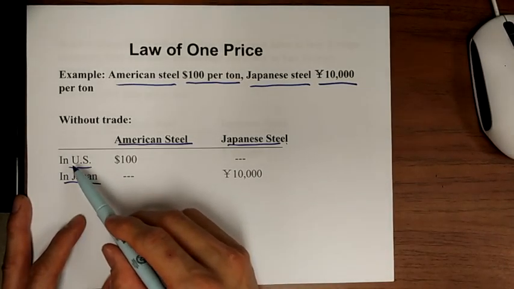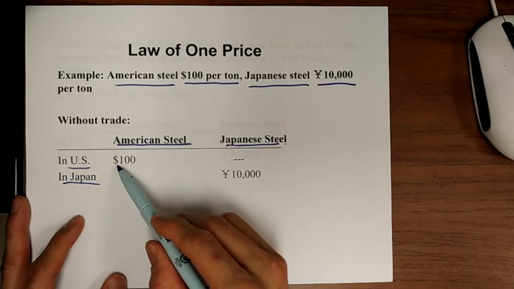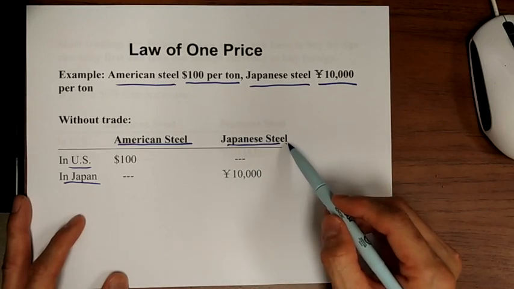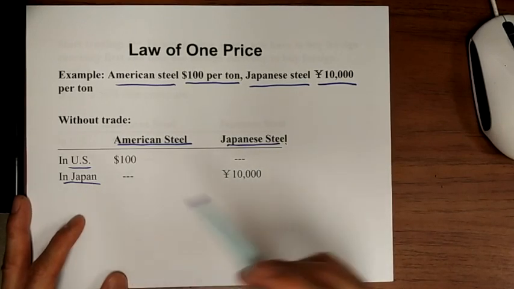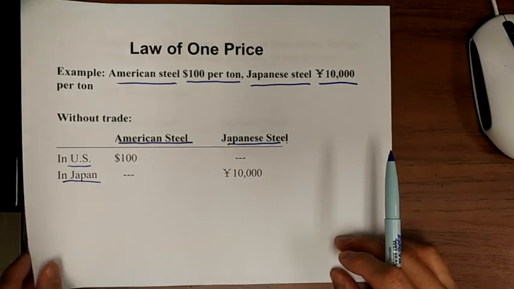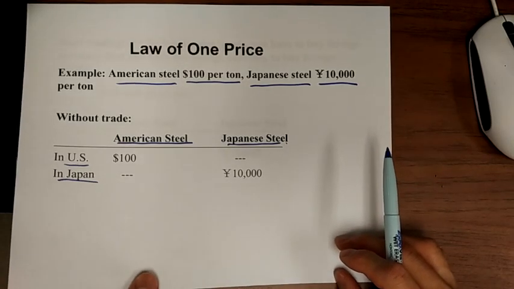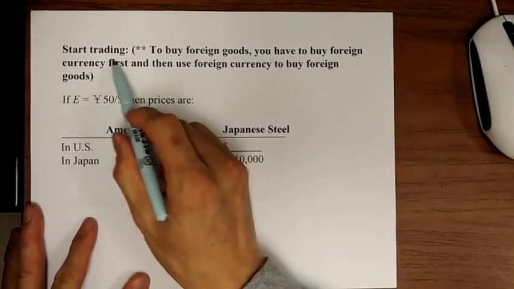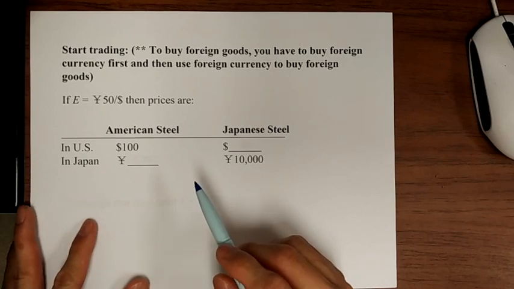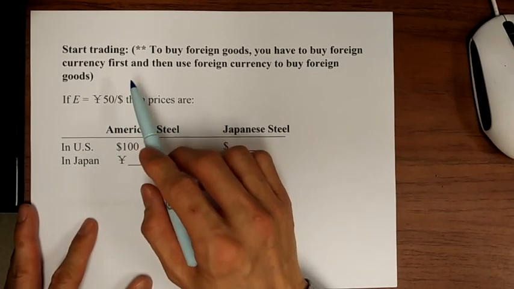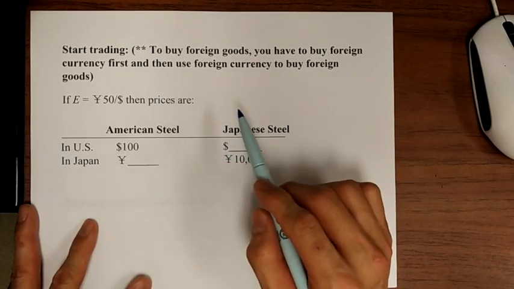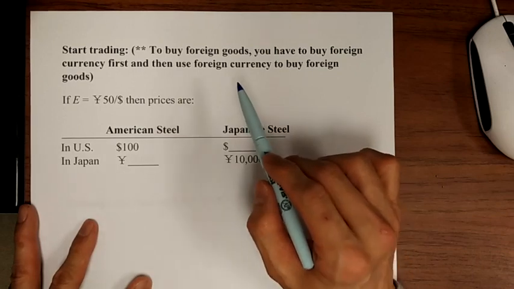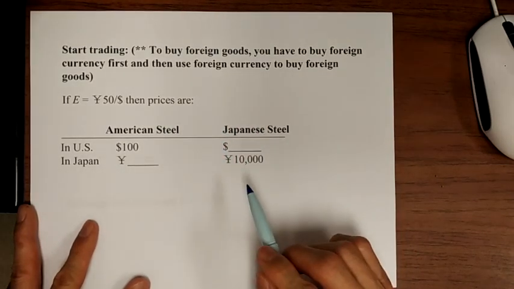And the price of American steel is $100 in the United States. And the price of Japanese steel is 10,000 yens in Japan. That's the setup. Now, let's start trading. That is, the US ships American steel to Japan, and Japan ships Japanese steel to the United States.